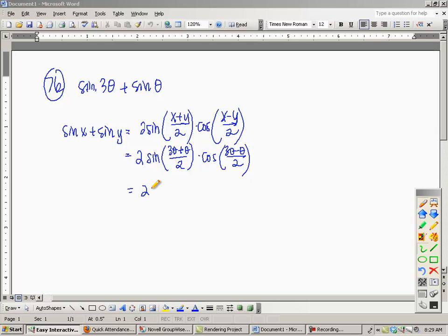Well, 3 theta plus 1 theta is 4 theta. 4 theta divided by 2 is the sine of 2 theta, times 3 theta minus theta is 2 theta. 2 theta divided by 2 is the cosine of theta.